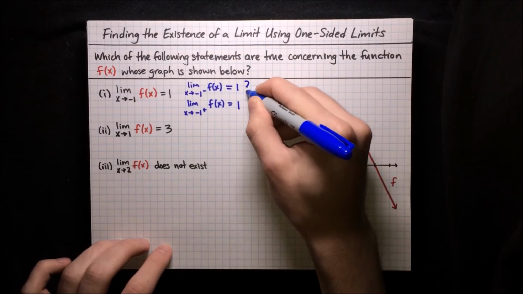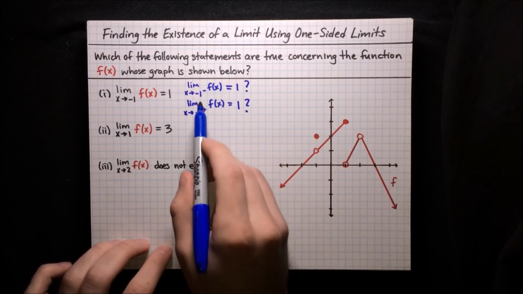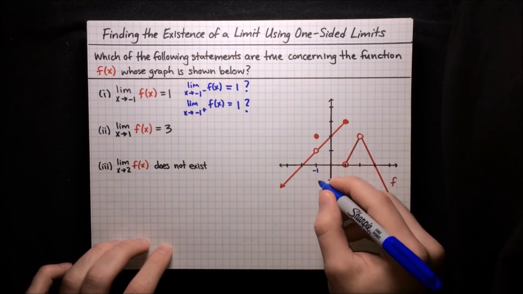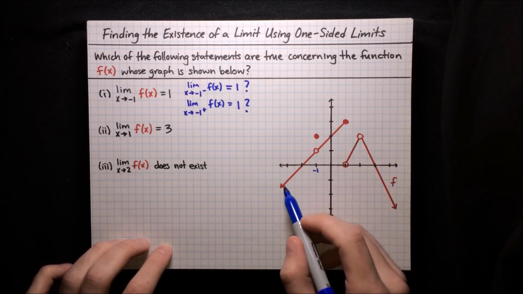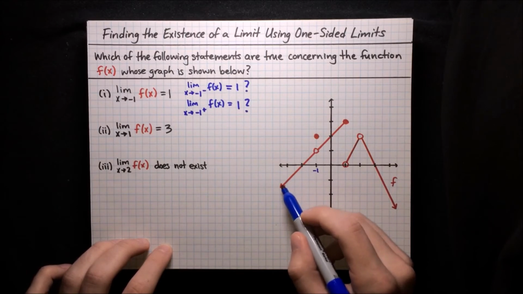So let's put question marks because we haven't checked yet. First of all, tackling the limit from the left side, as x approaches -1, here's -1 on the graph. And what is the y value doing as x approaches -1 from the left? Starting on the left and moving right towards x equals -1, what's the y value doing?